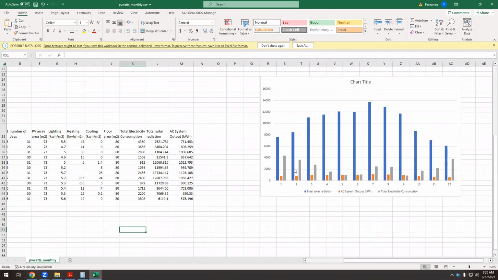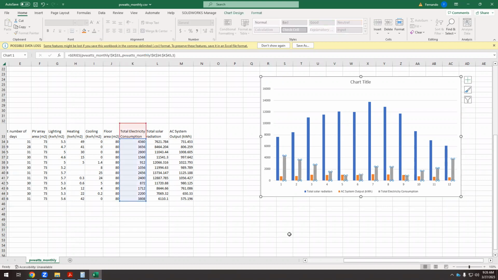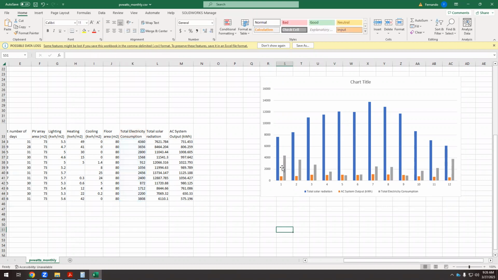Probably the problem in this building, that specific building, is the heating. So we need more heating here. Probably we can solve this with something that is not electric, okay?